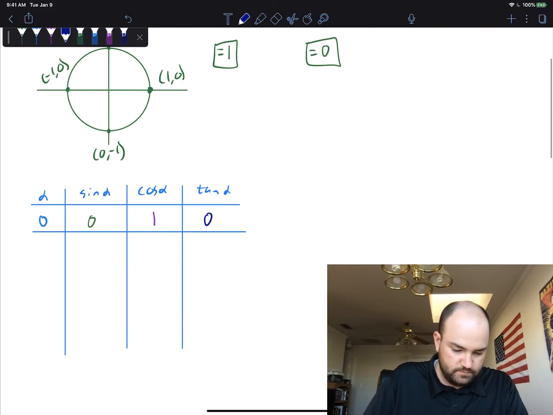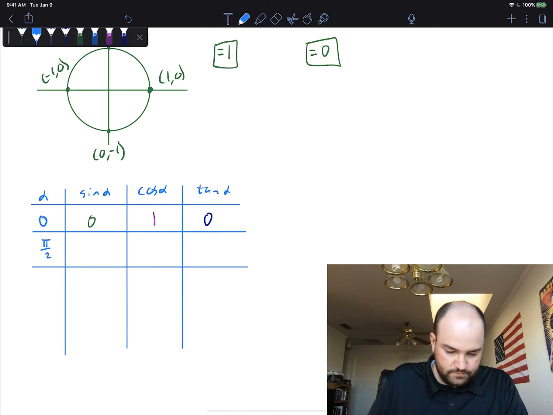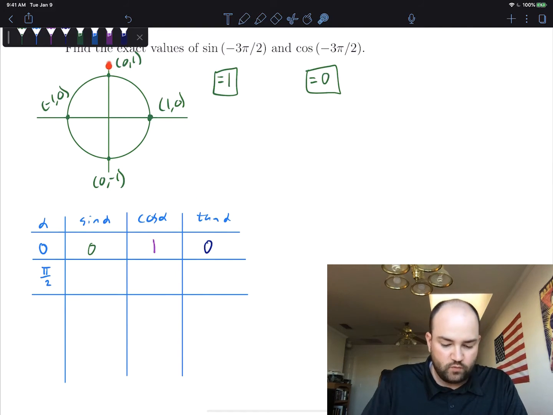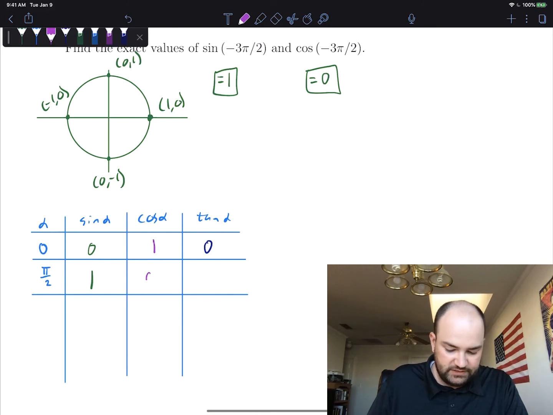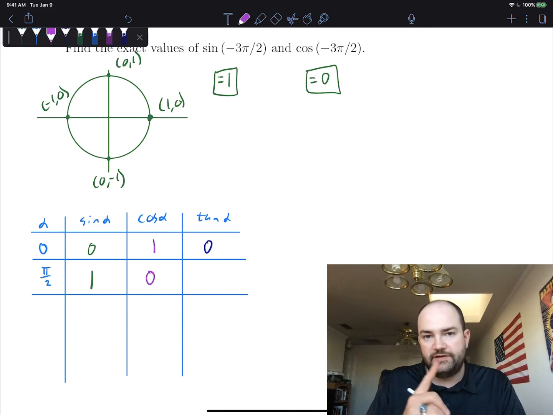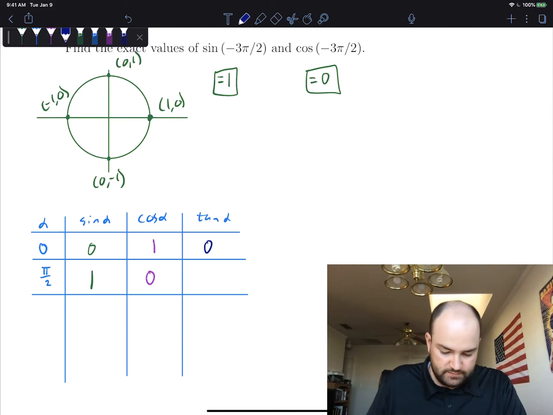Good. Now let's look at pi over 2. Pi over 2 is the positive y direction. So it's going to be the y of 1, the x of 0, and tangent 1 divided by 0 is undefined.